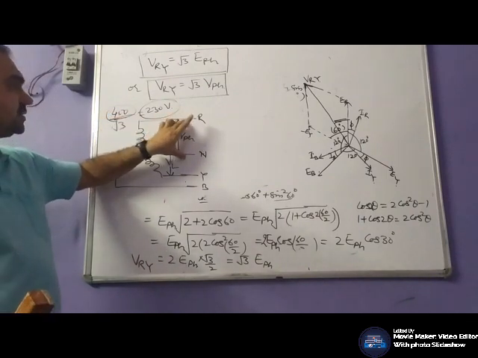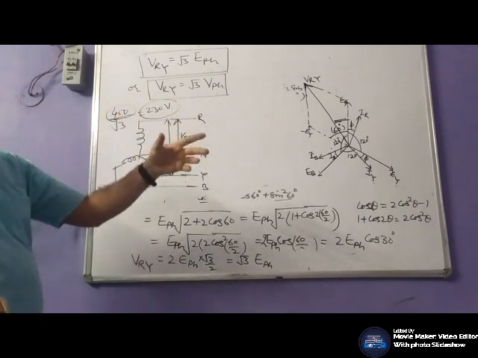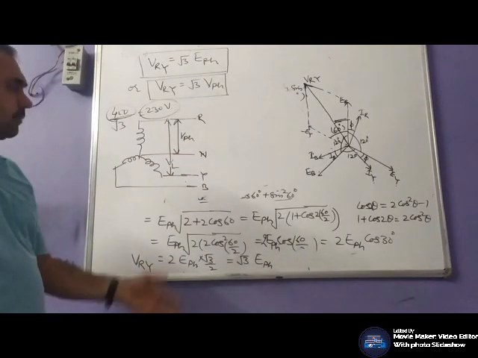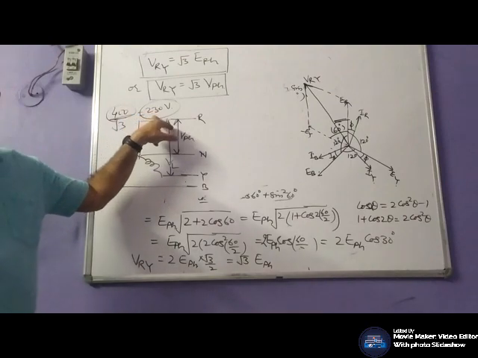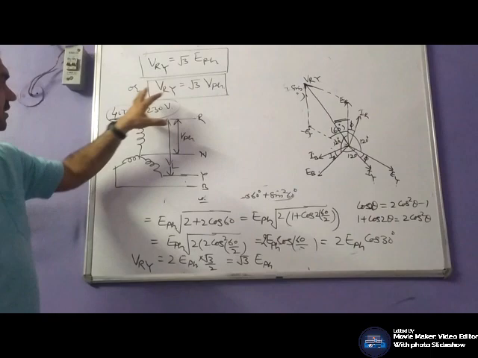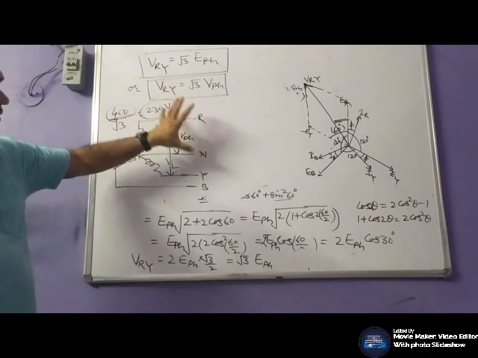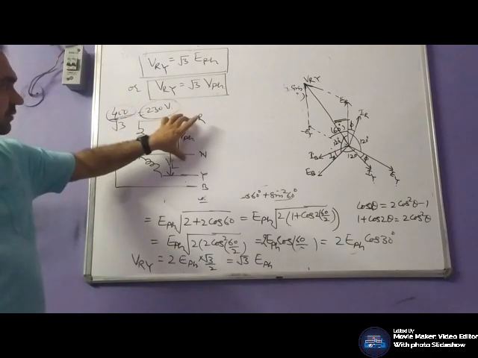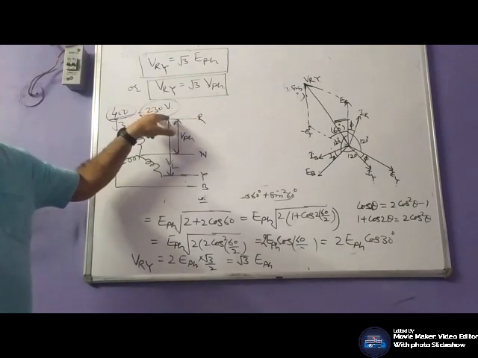For single phase equipment, that is your lamps, fans, mixie, fridge and other appliances, your requirement is 230 volts. So if you connect between 2 lines, you will get 400 volts. If you connect between phase and neutral, you will get 230 volts.